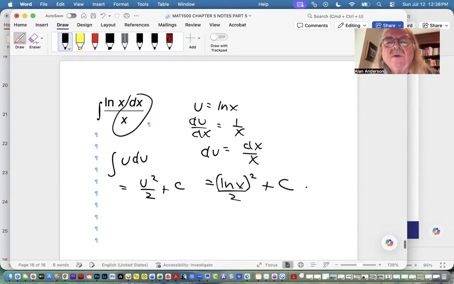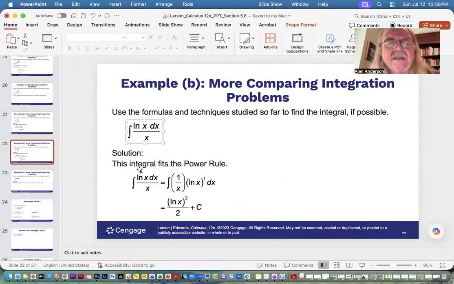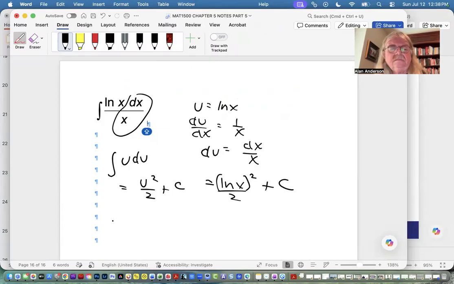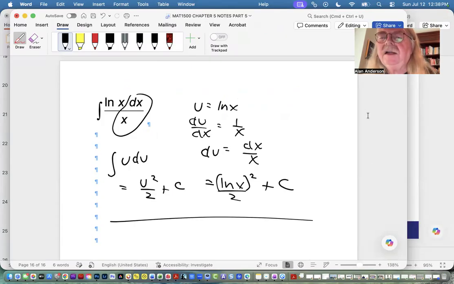Now, of course, they may want to, well, all right, let's see what they did. Yeah, okay. And oh, here's one more that we don't know how to do. All right, so that's that.